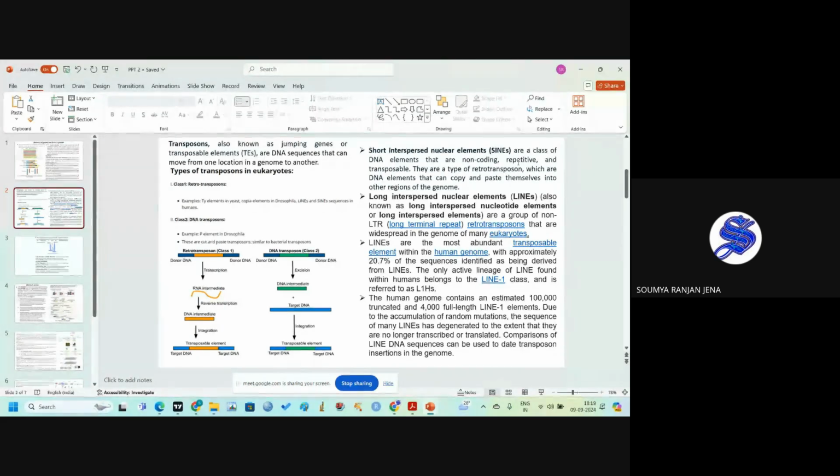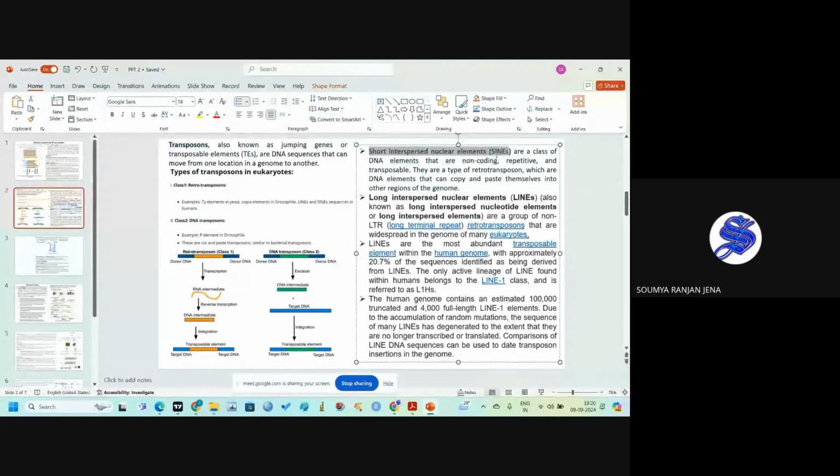Repetitive means this sequence is repeatedly found at intervals in the DNA, and transposable means that these are jumping genes. These transpose from one donor DNA to the target DNA. They are a type of retrotransposon. These SINE molecules are class 1 retrotransposon molecules, which are DNA elements that can copy and paste themselves into regions of the genome.